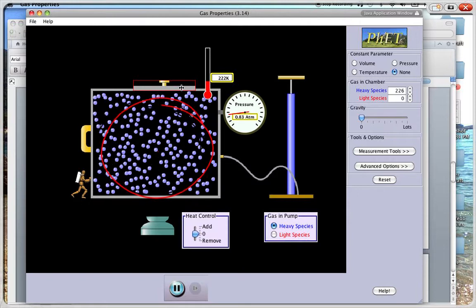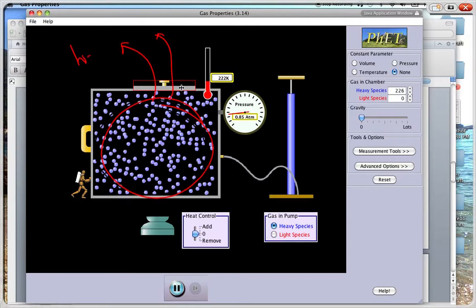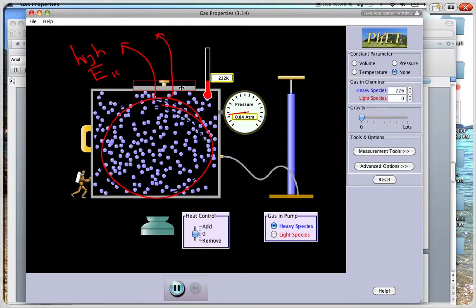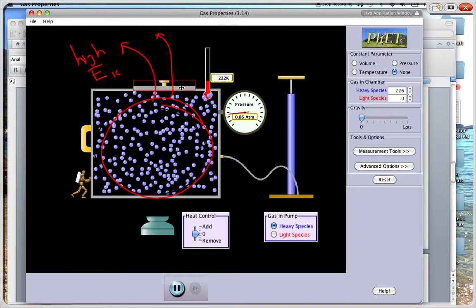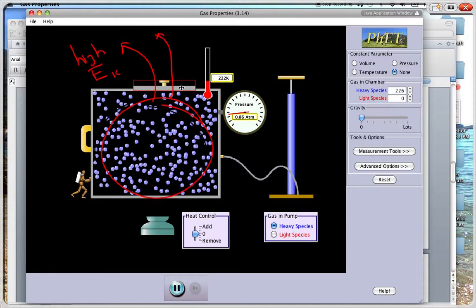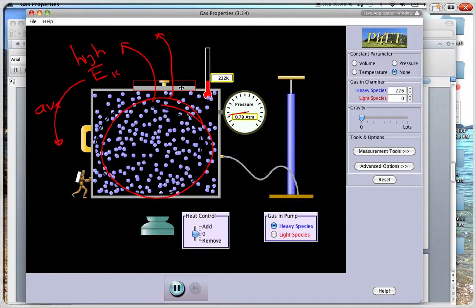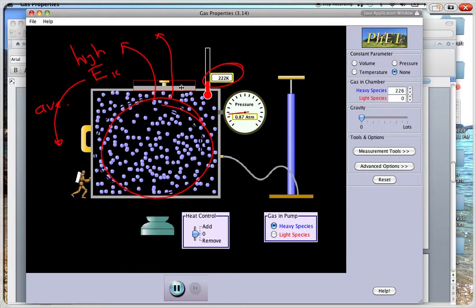The faster ones, the ones with the higher kinetic energy, have escaped, leaving the slow ones behind. And so the average kinetic energy of the molecules has decreased, and therefore the temperature has decreased.